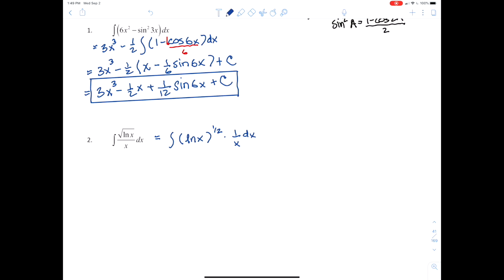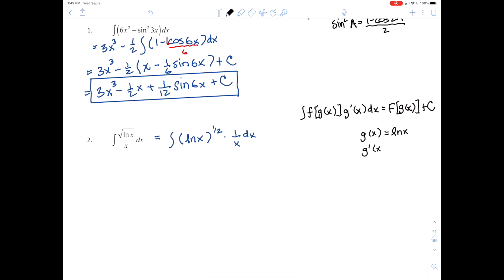So here, if you recall, the integral of some function at g at x times g prime at x dx gives us a result of an antiderivative evaluated at g at x plus our constant of integration. So here, our g at x has to be that natural log function, right? And g prime at x is equal to 1 over x.